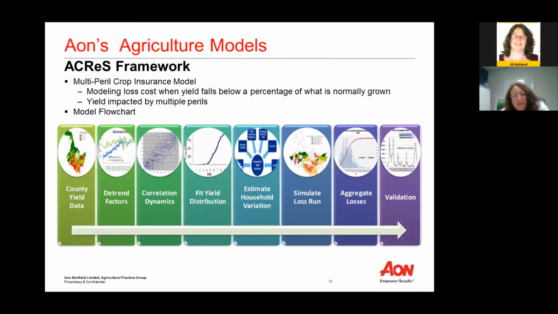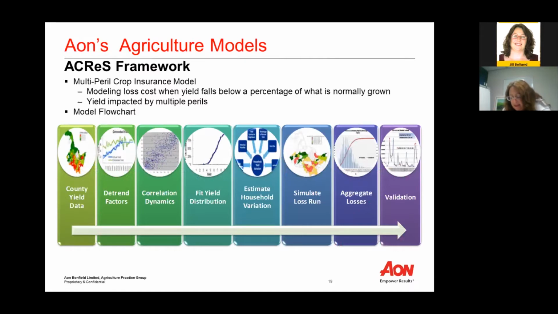Then the next step, which is actually very difficult, is we go from the yield distribution at whatever geographic level we have, which for China is county, and for India is tehsil level, but mostly the insurance is written at a household level or a farm level. So we have to find a way to go from a county level or tehsil level to an actual farm level.